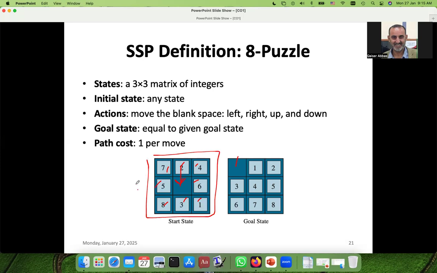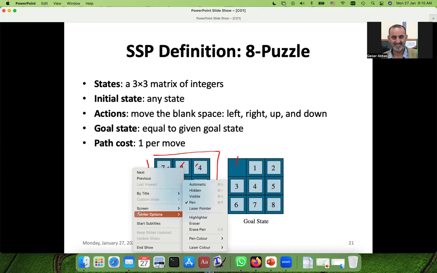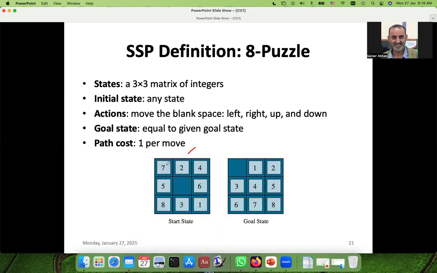For example, in this picture, 7 here, 2 here, 4 here, 6 here, 3, 8, 5, and space in between. This whole picture is one state which you are looking at, with the proper position of each block.